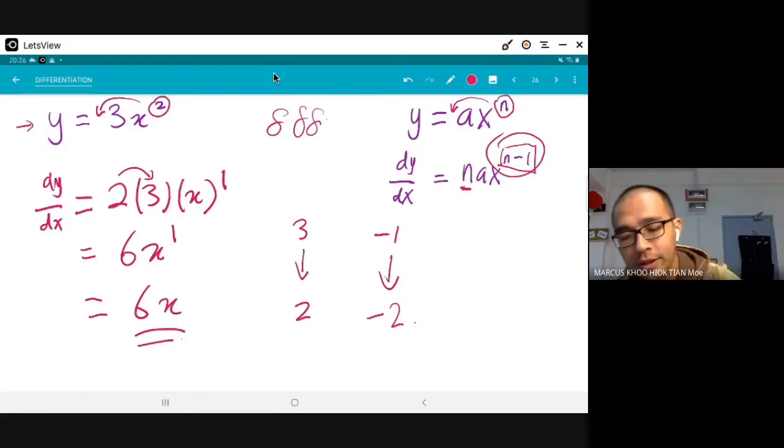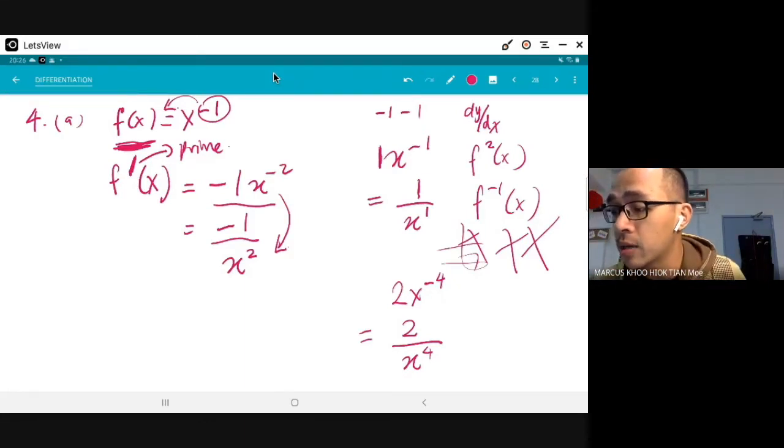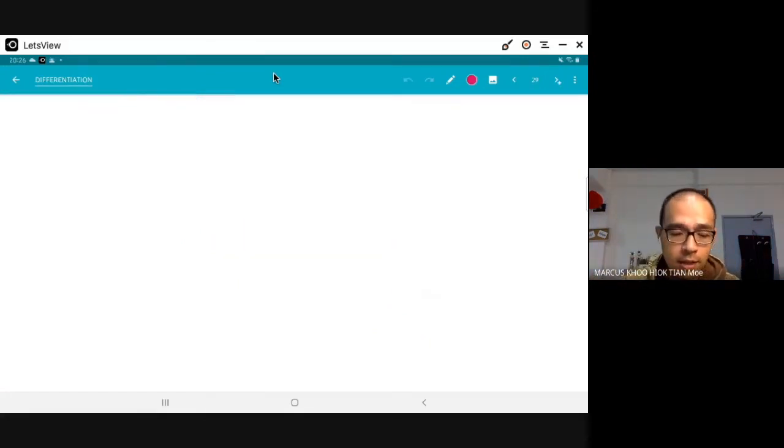But the condition is that it must be in one line. Let's say for example, this is a totally different example.